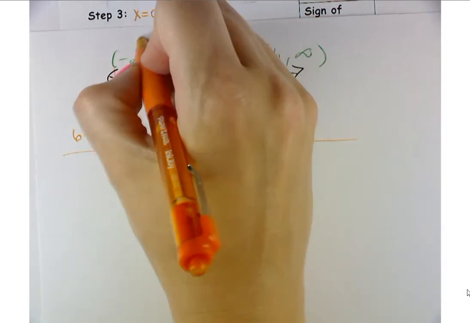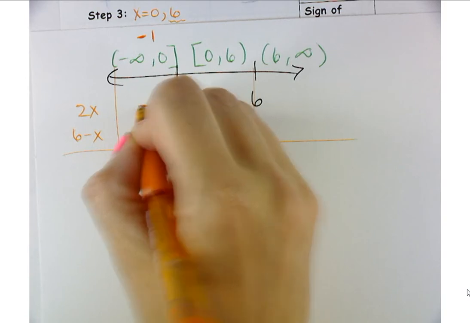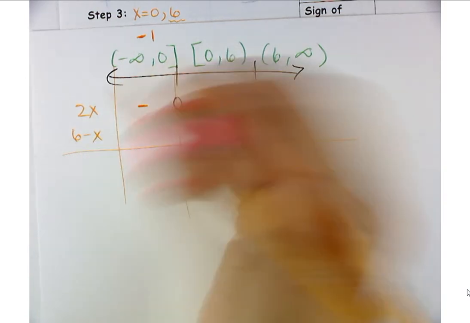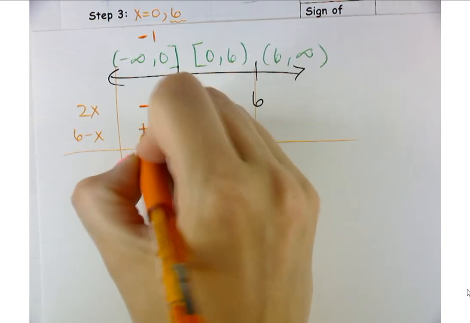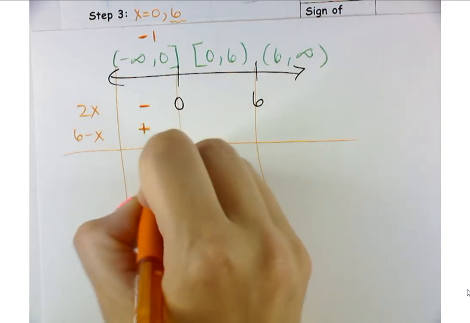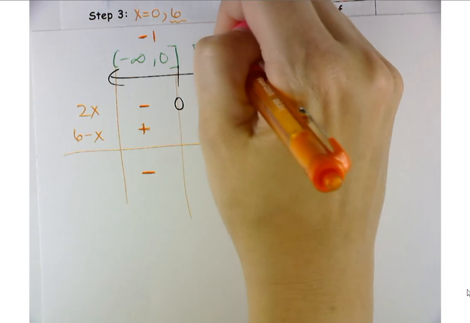Okay, so again, you're going to choose a number between negative infinity and 0. Let's try negative 1. So if I plugged in negative 1, I'd have a negative 2. If I have 6 minus negative 1, I really have plus 1, which would be 7. And so I only have one negative, which means the product is going to be negative. Okay, and then for this one, I'll plug in 2.